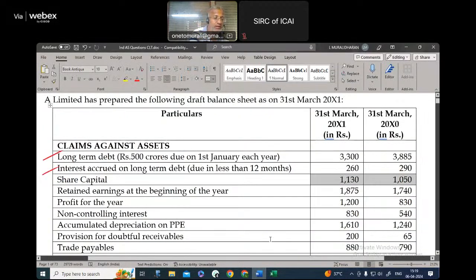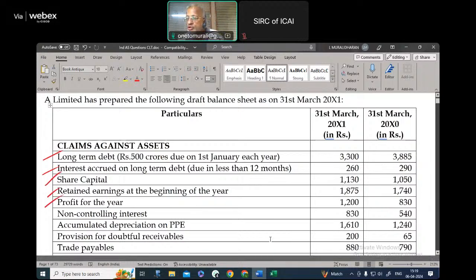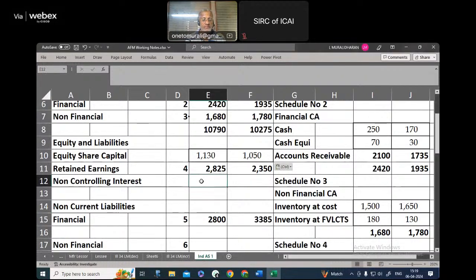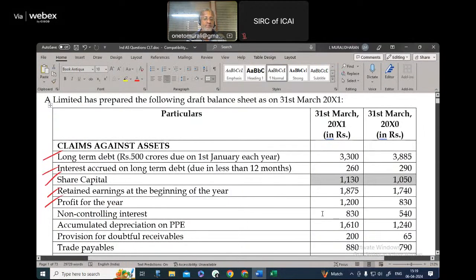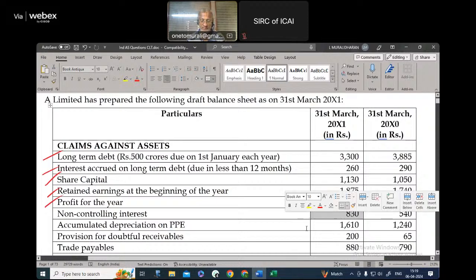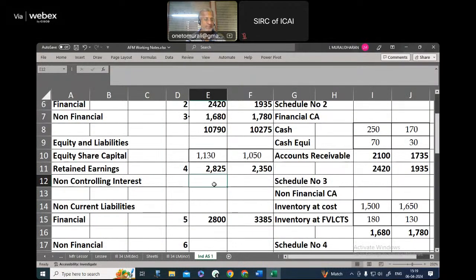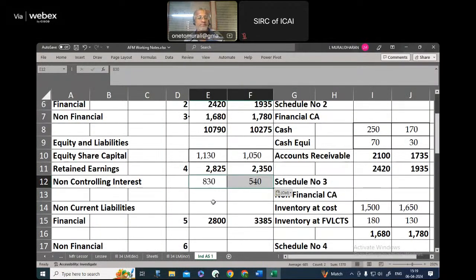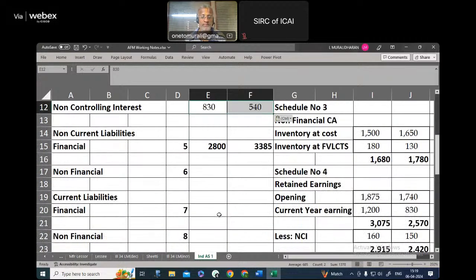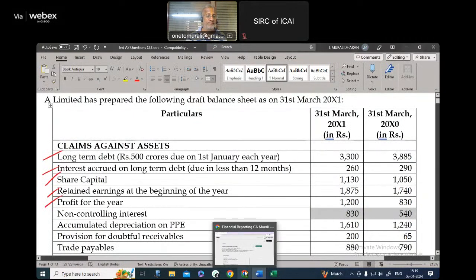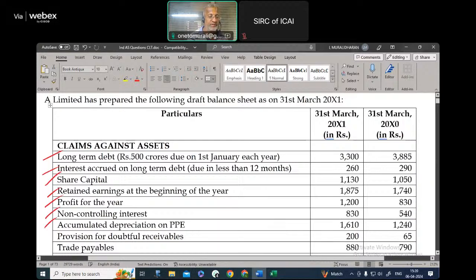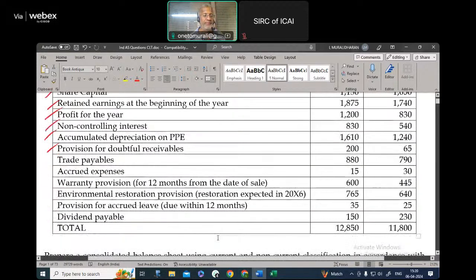So share capital, retained earnings and profit we have taken up. Non-controlling interest has got to be reported separately. Accumulated depreciation we have taken up. Provision for bad and doubtful debts we have taken up.